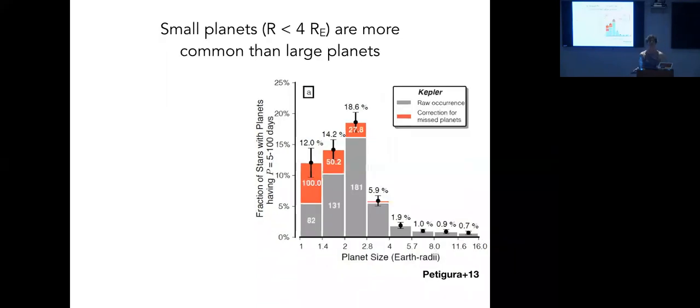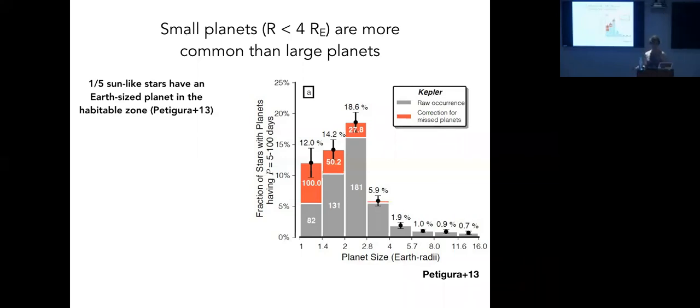We've also learned that small planets are much more common than large planets. About 1 in 5 sun-like stars has an Earth-sized planet within the habitable zone. And indeed, a large fraction of stars have small planets. About 50% or so of stars have a planet smaller than Neptune that is close to the star.